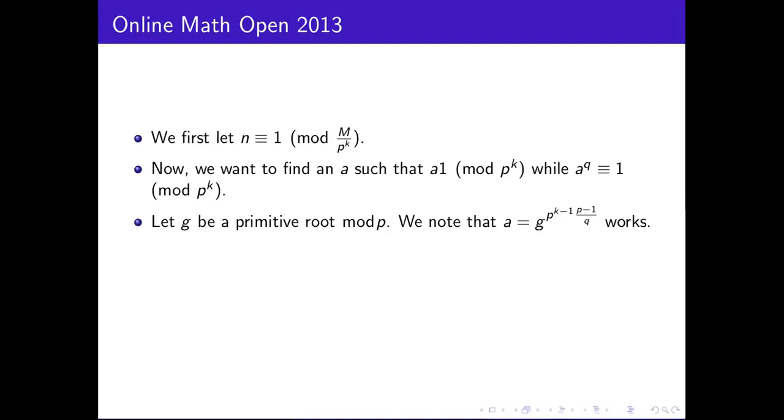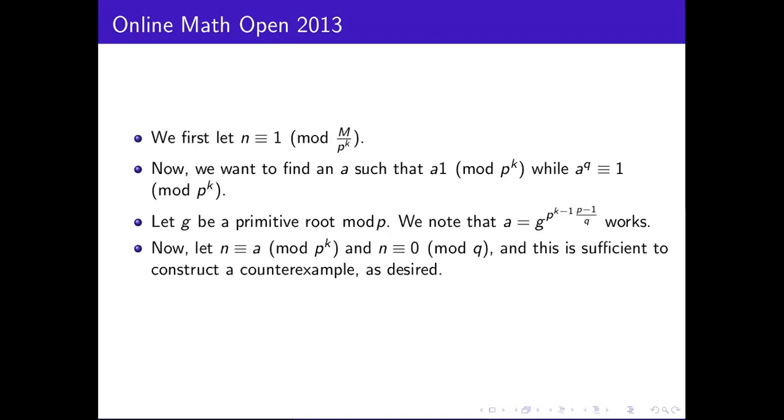While if we take it as is, then it's clear that it's not 1 mod p because g is a primitive root and we're not raising it to any multiple of p minus 1, right? So A satisfies the properties that we want, and now we just put everything together, right?